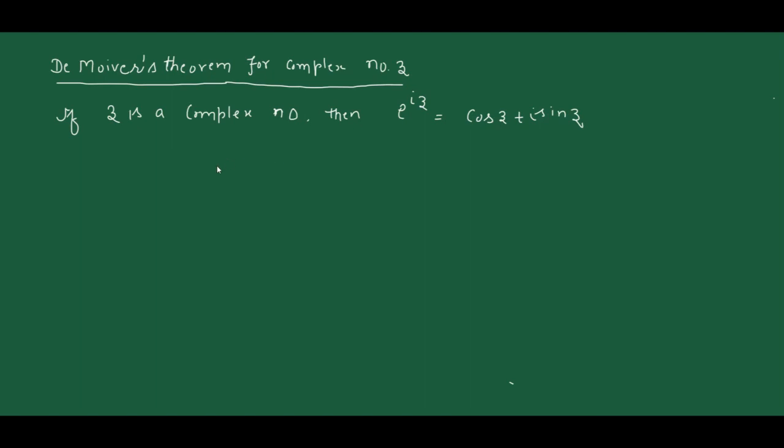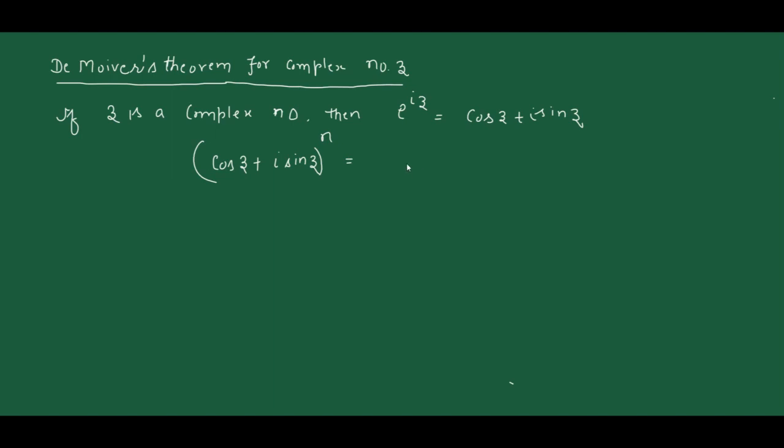Now we will establish the DeMoivre theorem for complex number. It means if you take n as a power, then you can move n inside the angle.